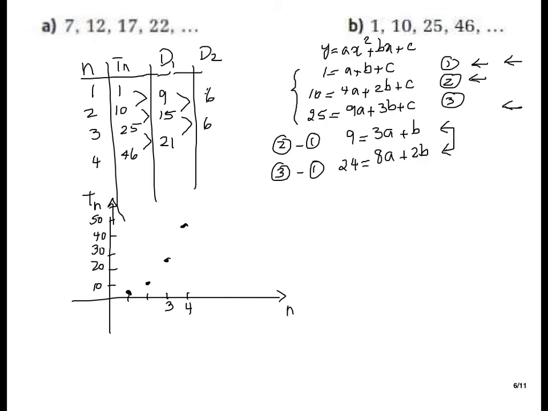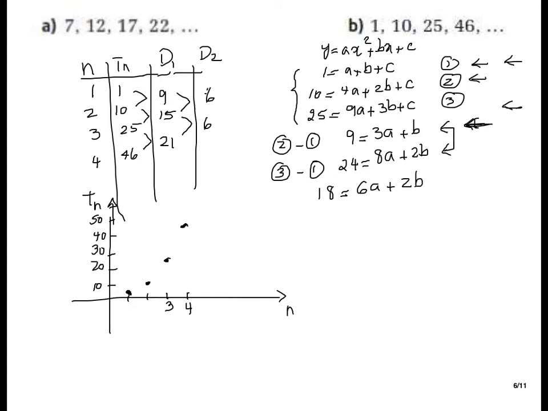To do that, I'm going to multiply this equation by 2, so the coefficient of variable b is the same as in the next equation, and then I subtract them from each other. If I multiply this equation by 2, I get 2 times 9 is 18, 2 times 3a gives me 6a, 2 times b gives me 2b.